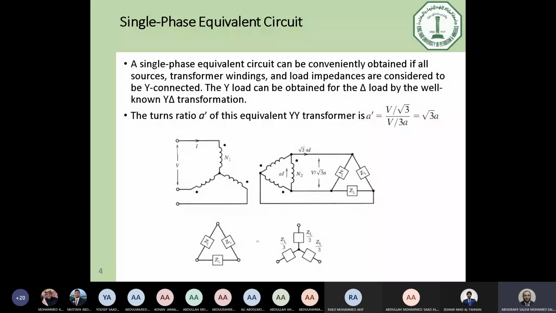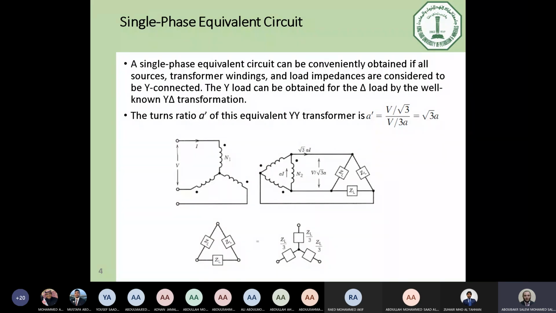However, if you have delta connection on any side, primary or secondary or load or whatever, you need to convert this to star connection, okay? And we already studied before how to convert delta to star.